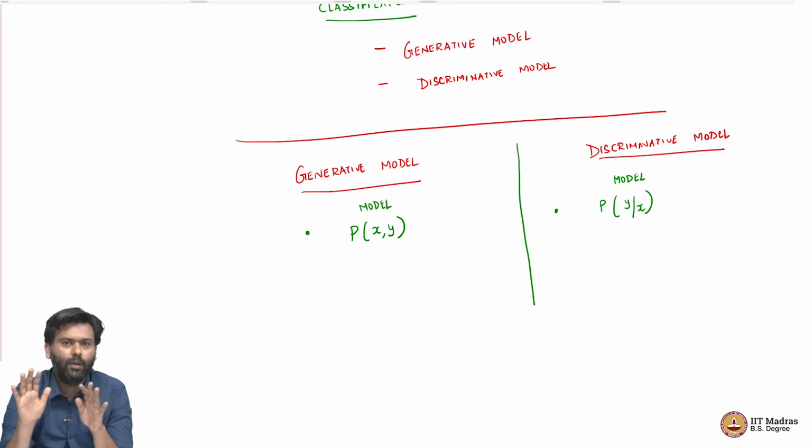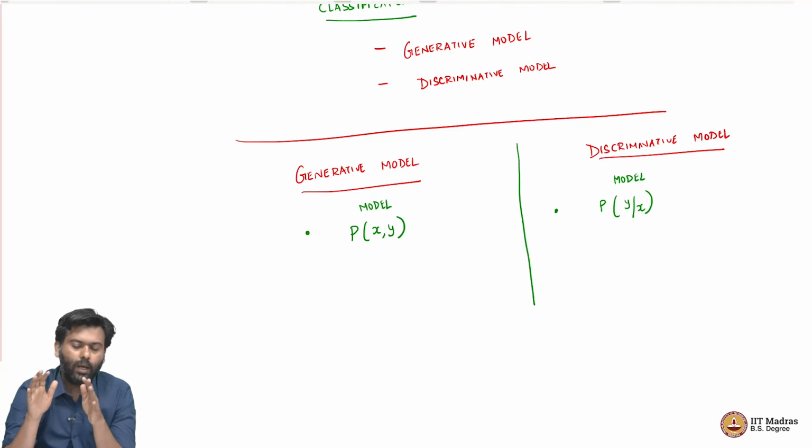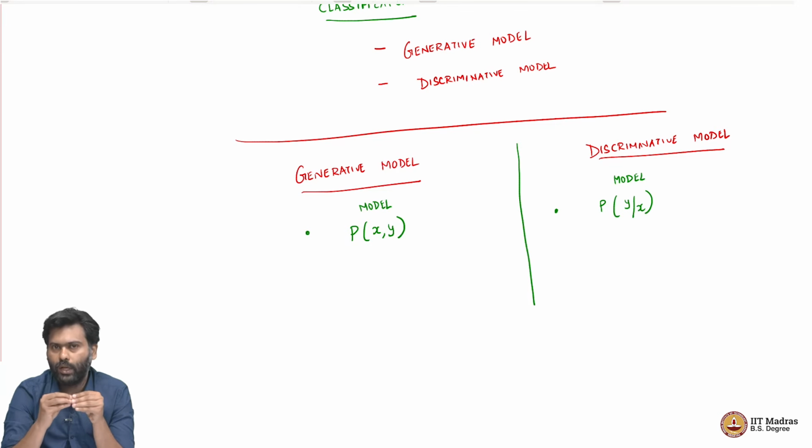So, the high level takeaway then is the following. If you have reasons to believe you know how the exact features are generated in your task at hand, then it is a good idea to do generative modeling, because if you know how to generate correctly, then you are usually better off at doing the discriminative task as well.